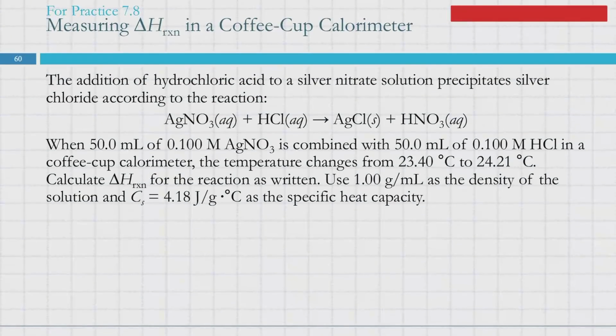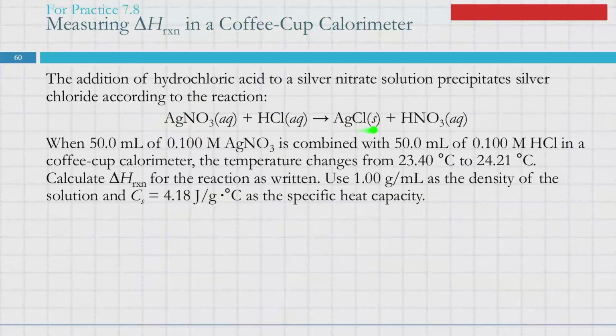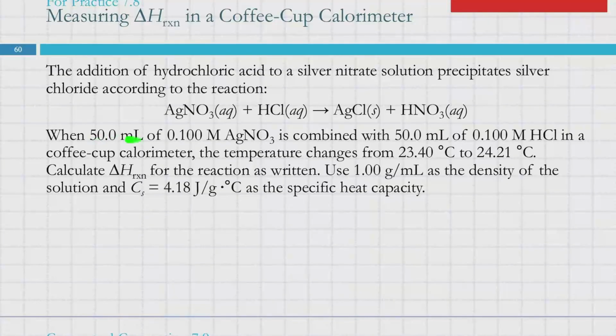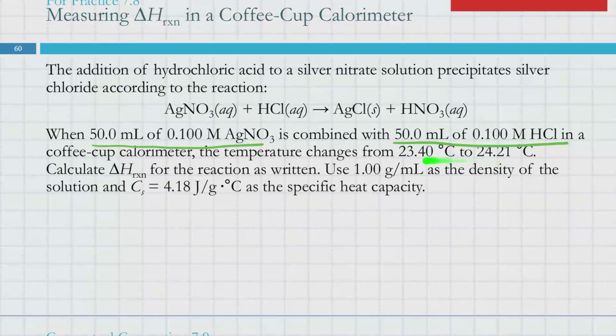Okay, so we react hydrochloric acid and silver nitrate, which precipitates silver chloride, and we also get nitric acid out. If we mix 50 milliliters of 0.1 molar silver nitrate and 50 milliliters of 0.1 molar hydrochloric acid in our calorimeter, so we're adding in equal mole amounts of our hydrochloric acid and our silver nitrate, our temperature changes. It goes up a little bit.